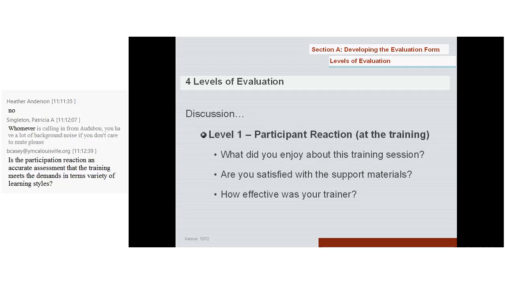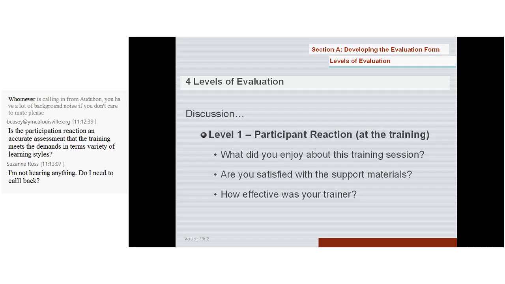When you say, are you satisfied with the support materials? Well, that's simply a yes or no. If you want to know what they were satisfied with, open-ended would be better to say, what did you like about the support materials? What support materials do you think you will use the most? Something where they have to actually give you a written answer and tell you something is open-ended. But any kinds of these questions are ones that fit into this. Okay?